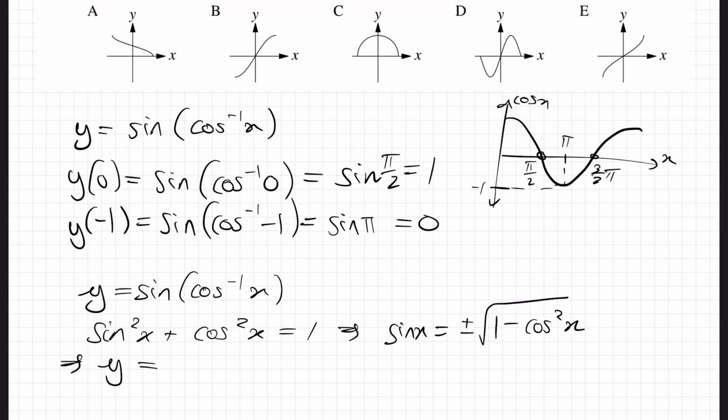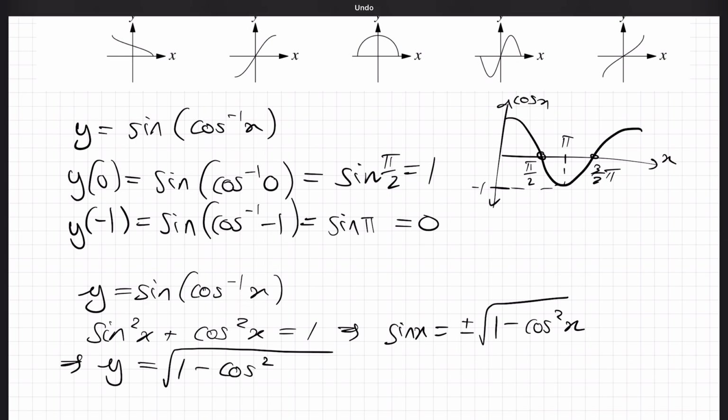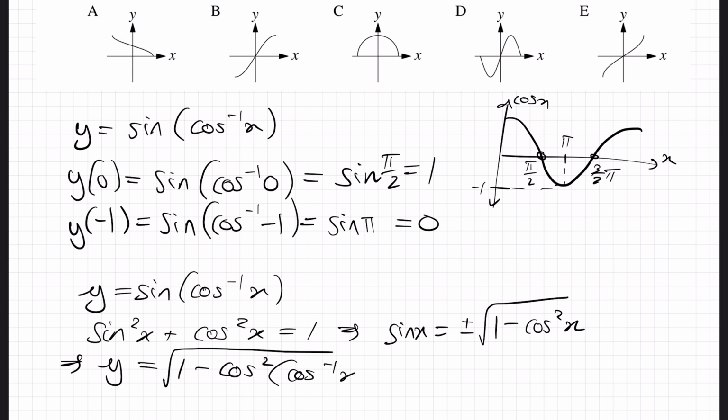So using this substitution, let's replace this sine with the square root of 1 minus cos squared, and x is going to be arc cos of x. So we'll put that in there, remembering that this squared is actually outside the bracket, so it actually looks like that.